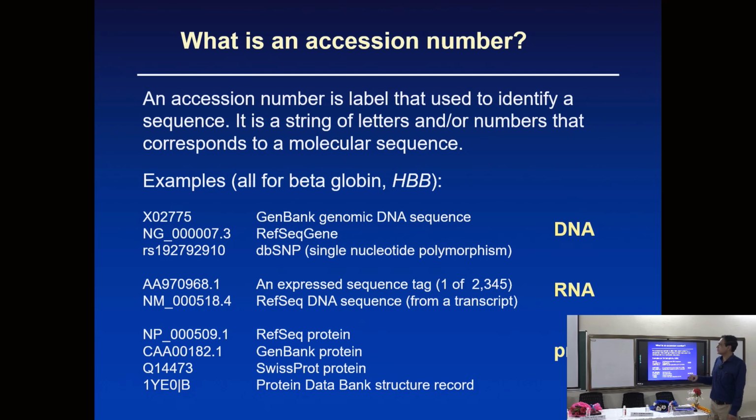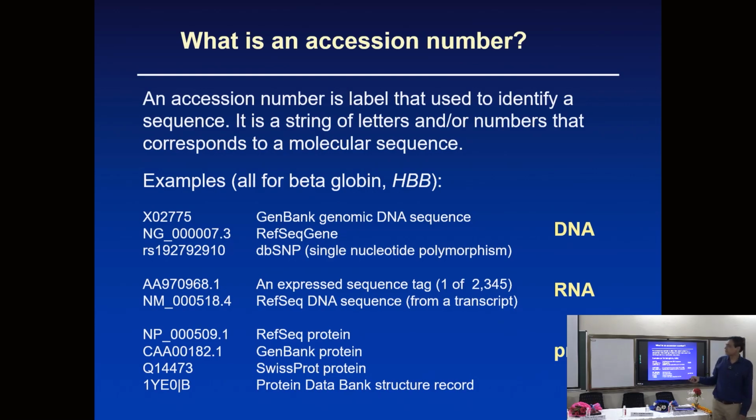Single nucleotide polymorphisms, we will get to that, start with the letters RS and then some numbers. RefSeq RNA starts with NM. RefSeq will always start with N followed by another letter. G indicates genomic, M indicates messenger RNA.